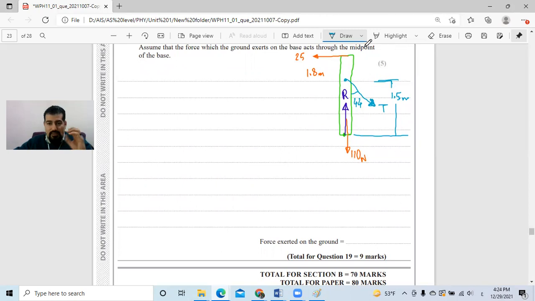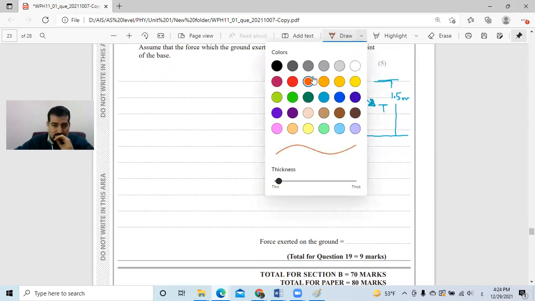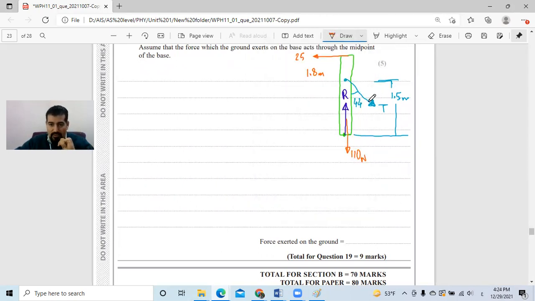Now, step by step. This force, the tension, has two components: one vertically down and one to the right. The one which is vertically down, TV, does not make a moment. The horizontal one, TH, causes a moment, because it acts 1.5 meter away from the pivot.